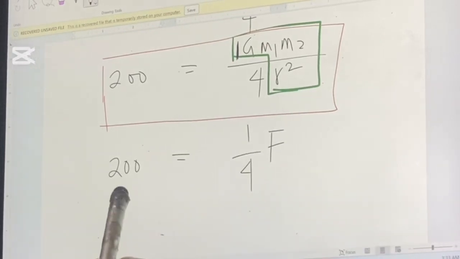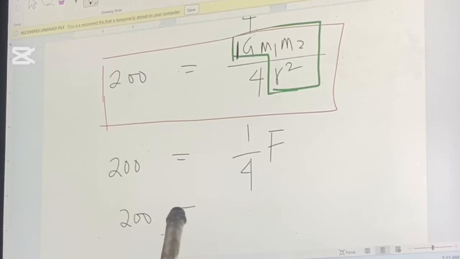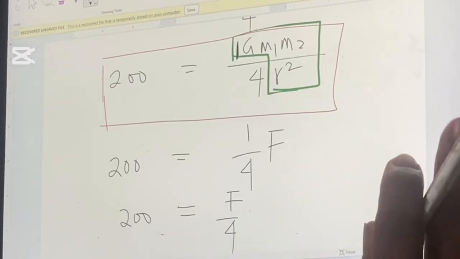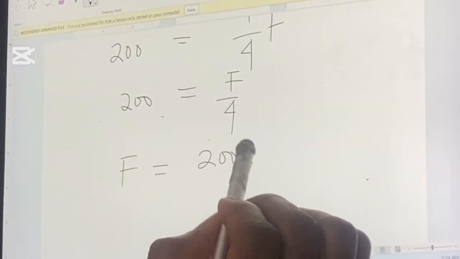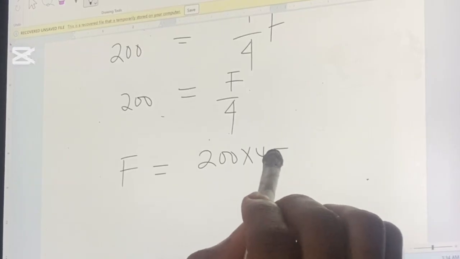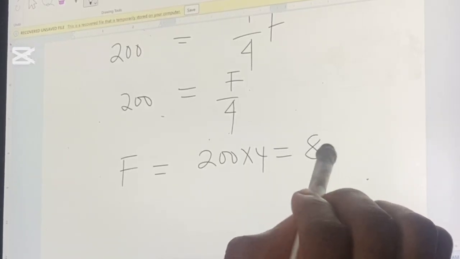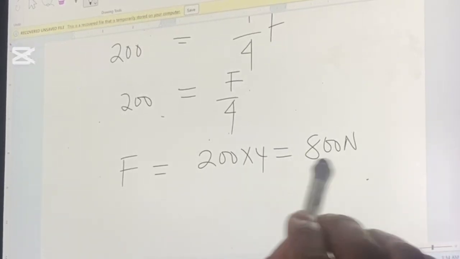So class, when you make F the subject, 200 will be equal to F over 4. So let's make F the subject. I will cross multiply. When you do that, F will be equal to 200 times 4, and the answer to this is 800 newtons. So this is our answer here.